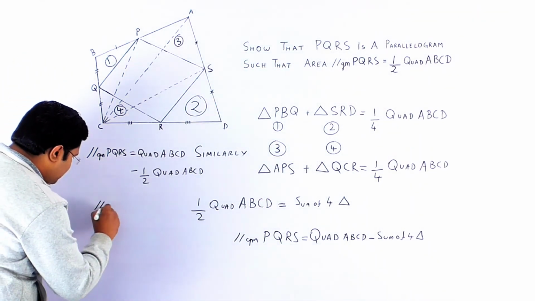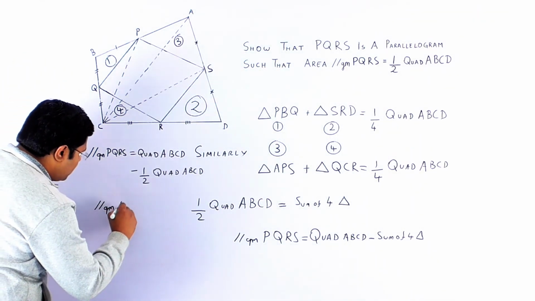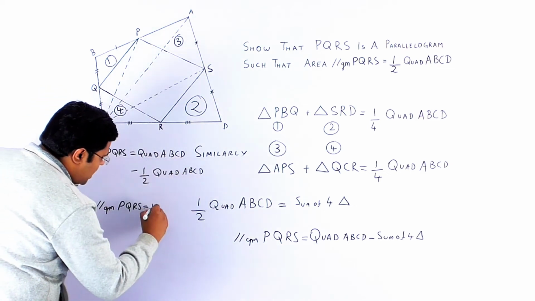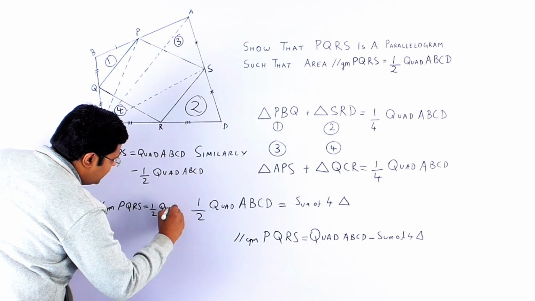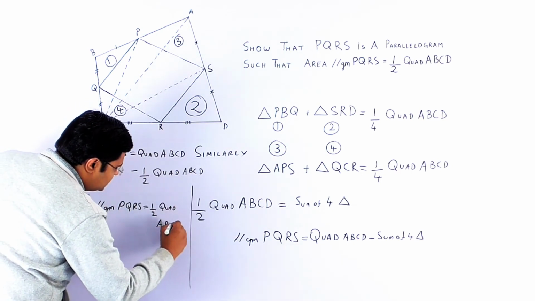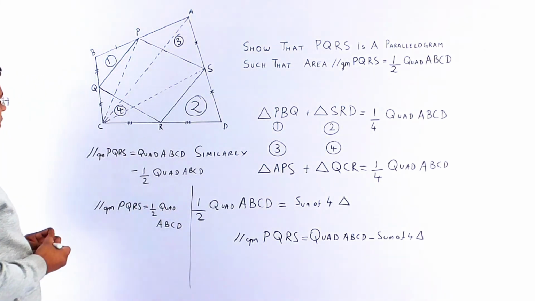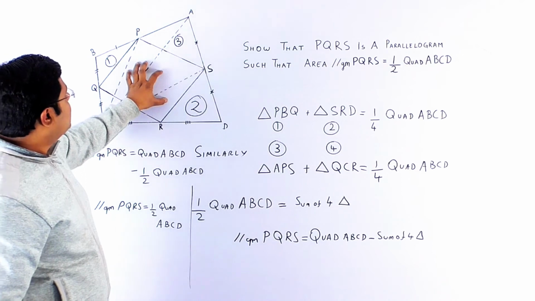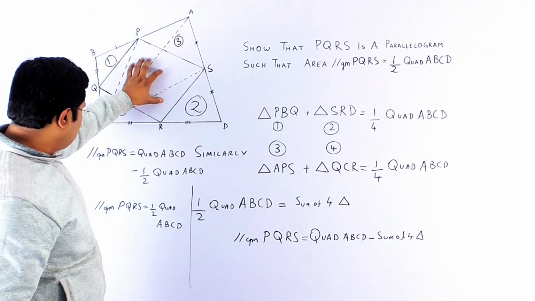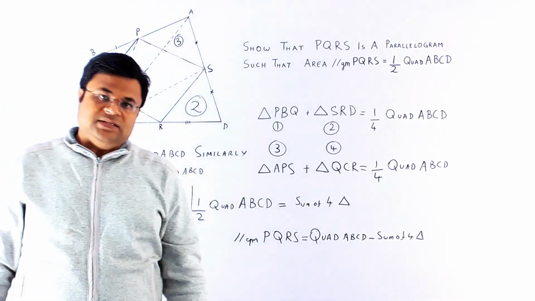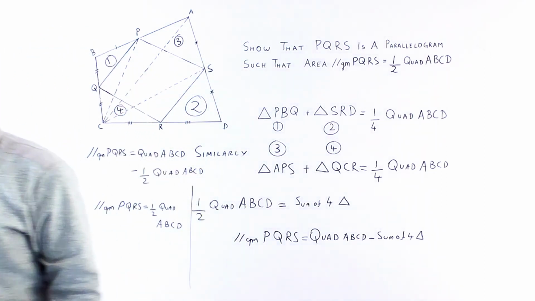This will simply be that parallelogram PQRS is equal to half of quadrilateral ABCD. Okay, so finally we have proved that parallelogram PQRS is half of quadrilateral ABCD.